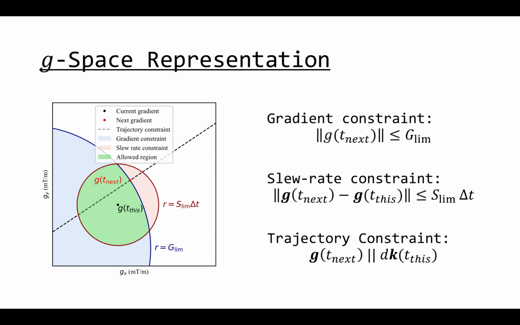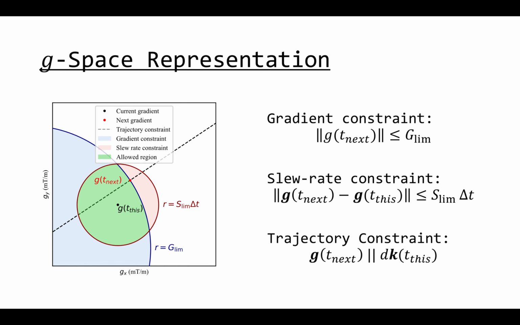This method is quite straightforward using the g-space representation, and we can see in this slide, the current gradient vector is represented by the black point in the left figure, and the right circle denotes the slew rate constraint. As we can see from the math definition of it, it actually defines a circle in the g-space. The gradient amplitude constraint also forms a circle, which is the big blue circle in this figure.